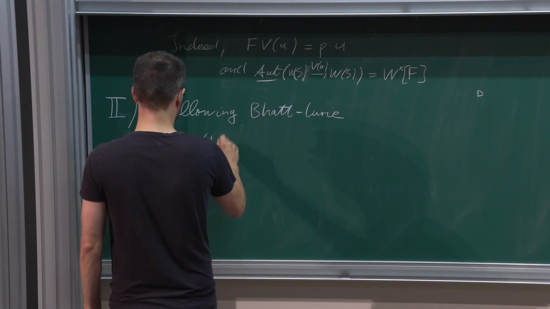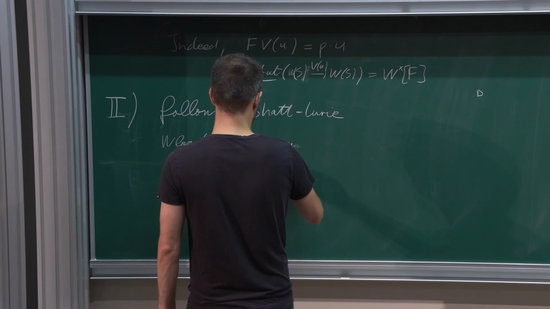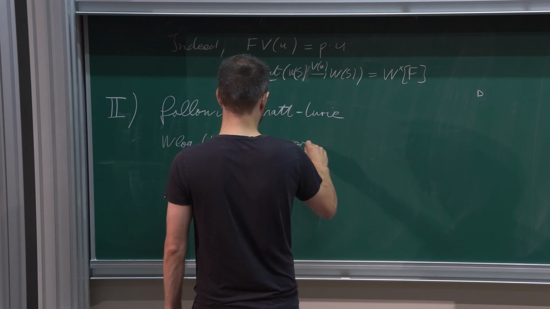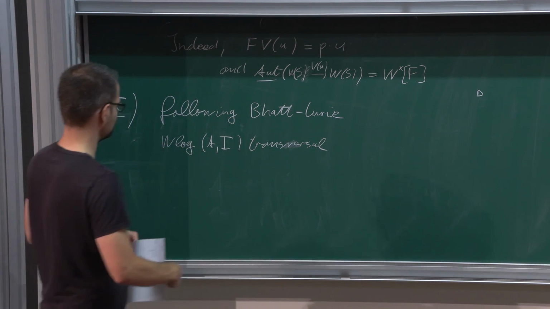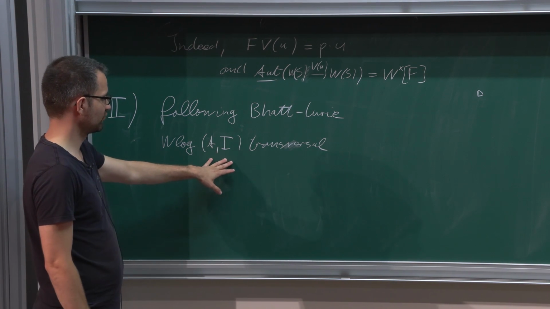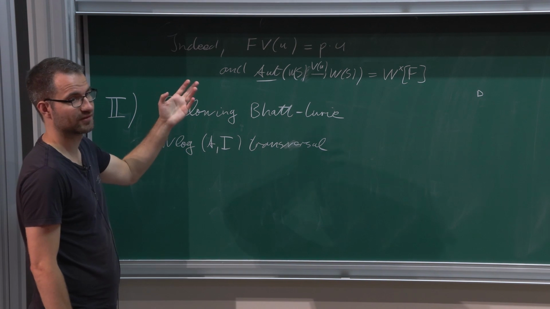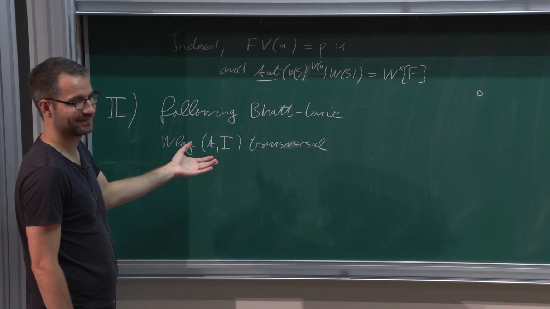And here I want to argue that without loss of generality one can assume that the prism is transversal, and so using the W card one can argue as follows.